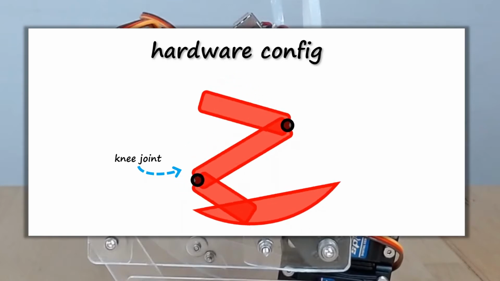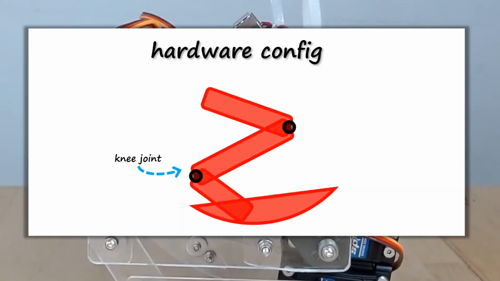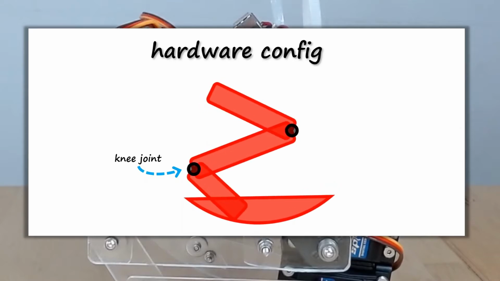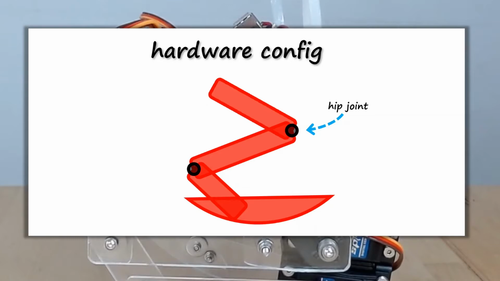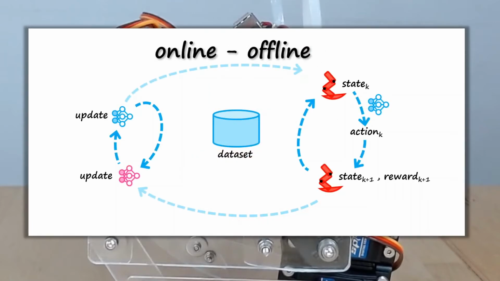This means that the legs are actually stable on their own, thanks to the curved feet. And for balancing, only the hip joints will be used. Both hips move together using a single control signal, so that the torso can rotate forwards and backwards to try and keep things balanced.